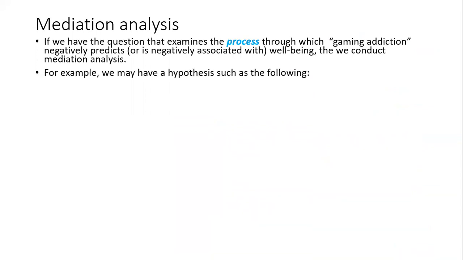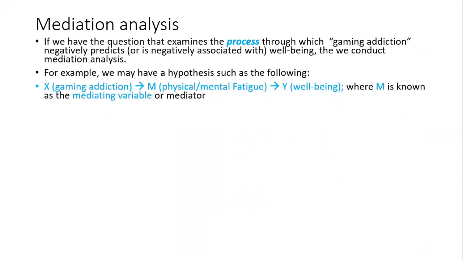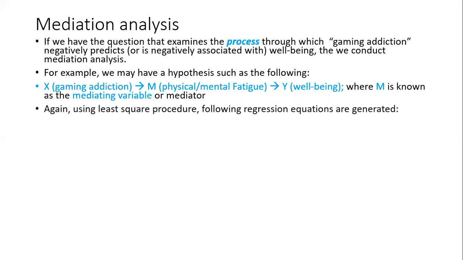For example, we may have a hypothesis such as the following, that X, that is gaming addiction, is associated with physical or mental fatigue, and that is again negatively associated with well-being. So M is known as the mediating variable or mediator. Well, again, using least square procedures, following regression equations are generated.